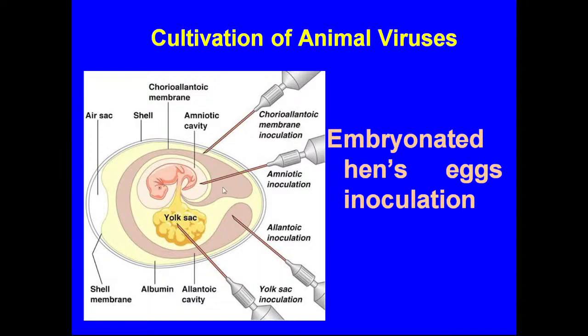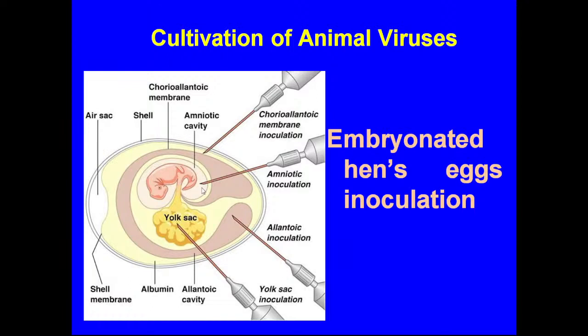But irrespective of where we inoculate the virus, we should have some methods to indicate whether the virus is multiplying there or not. Because as soon as we grow virus, we need to know first whether we have virus there or not.